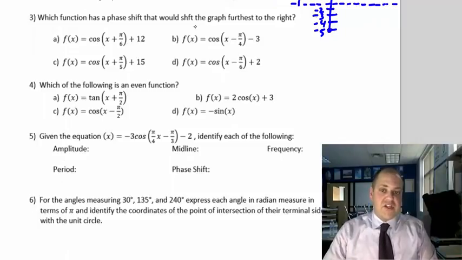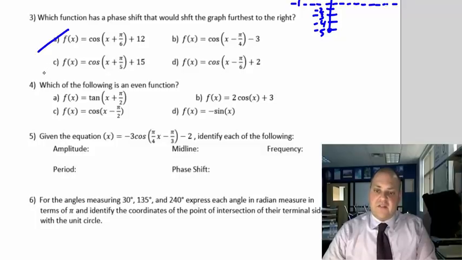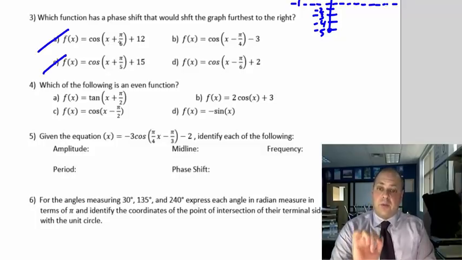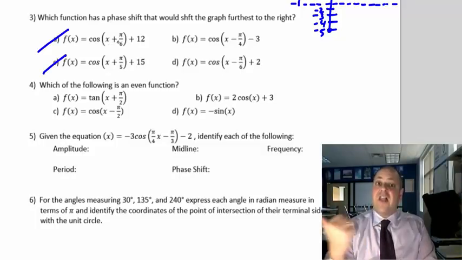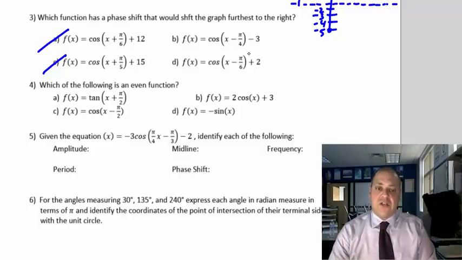Which function has a phase shift that would shift furthest to the right? These shift to the left. Remember, a plus actually shifts to the left, okay? Because it's x minus h, right? X minus whatever. So the pi over 6 is actually a negative pi over 6. That's a left shift. These are right shifts.